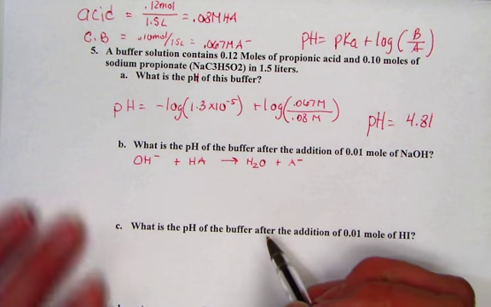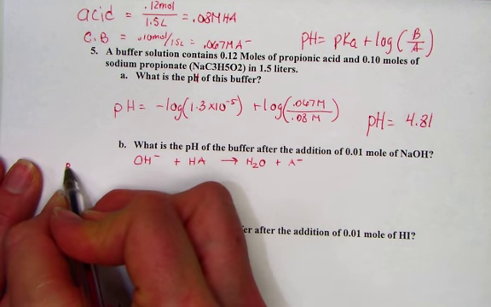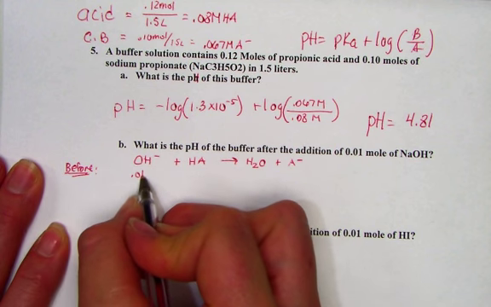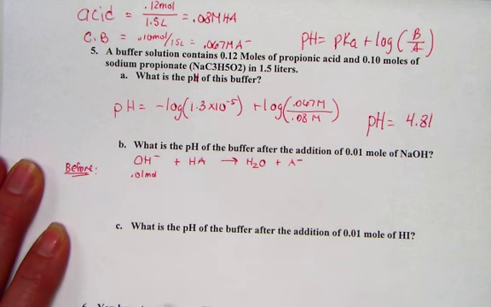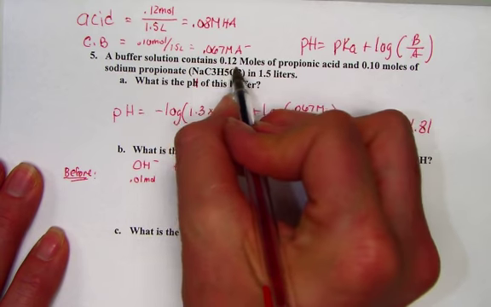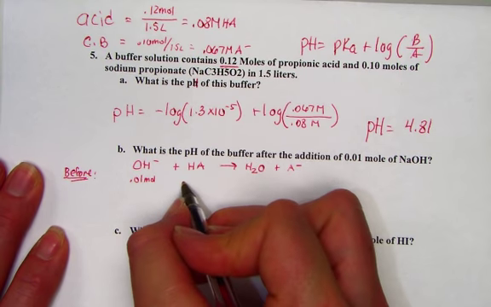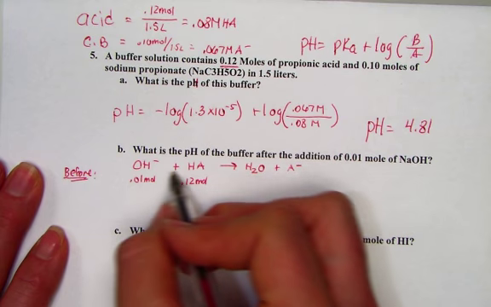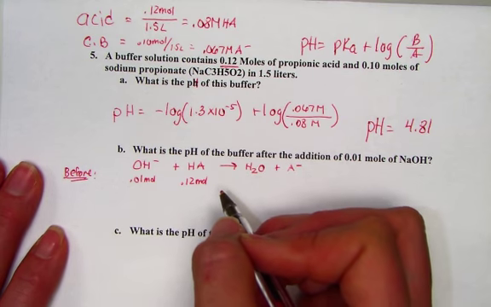Okay, so here's what we know. Before the reaction occurs, we have 0.01 moles of base, and we have 0.12 moles of acid. Notice I'm using moles. Coefficients stand for moles, not molarity.